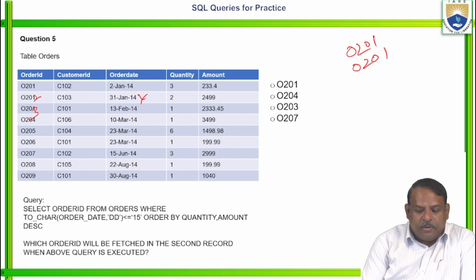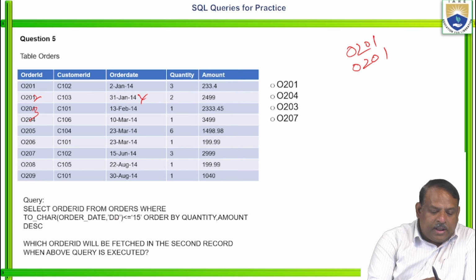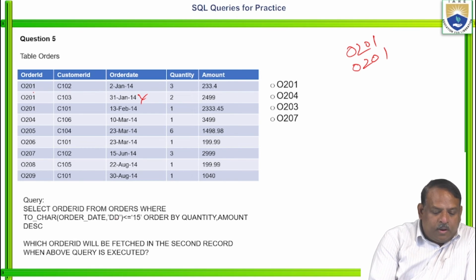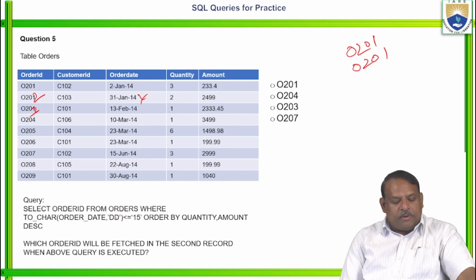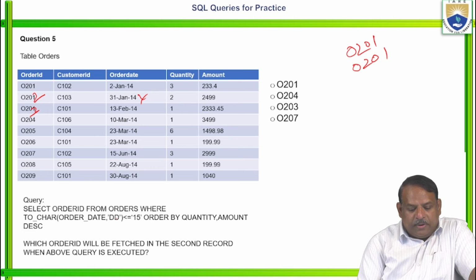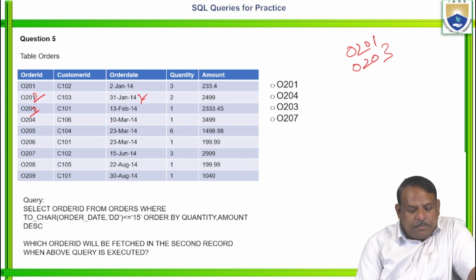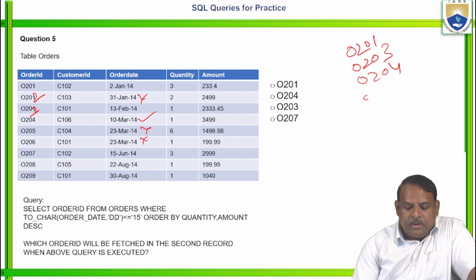It is a mistake while copying. This is considered as order number 202 and 203. Okay, fine. Now, less than 15: 203 will come. 204 will come. 205 will not come. 206 will not come. 207 will come.